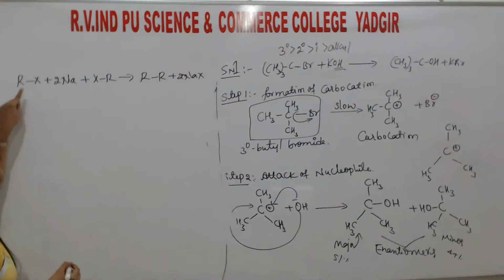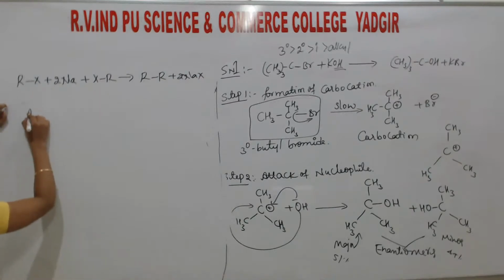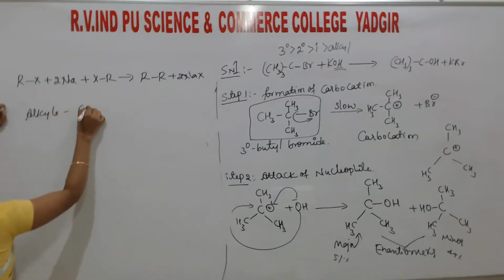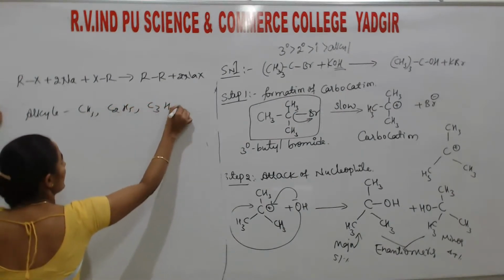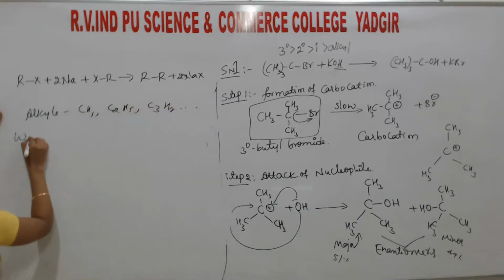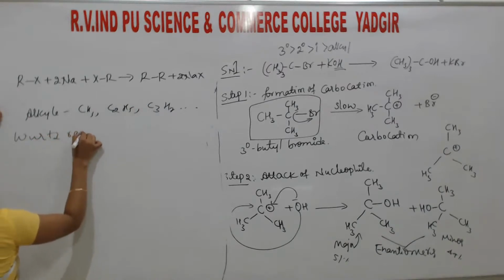Listen here. If two R groups are alkyl, like CH3, C2H5, C3H7, etc., then this is the Wurtz reaction.